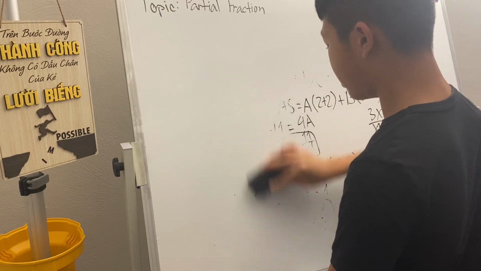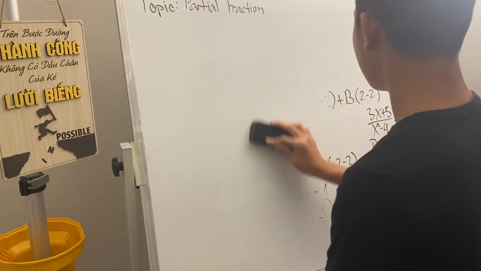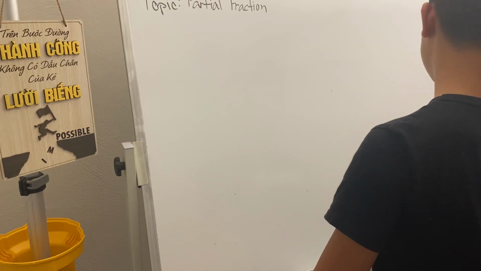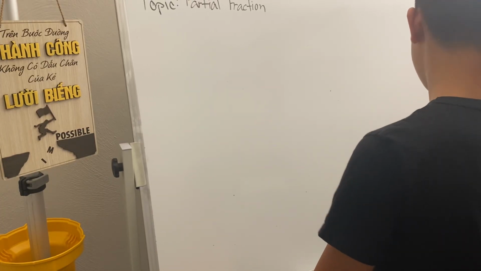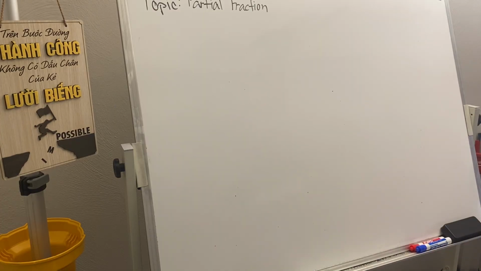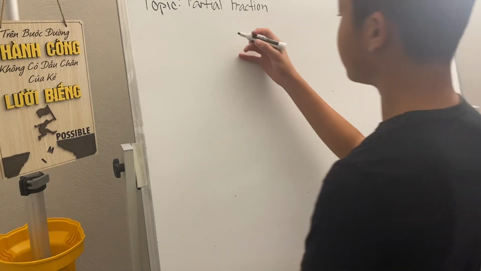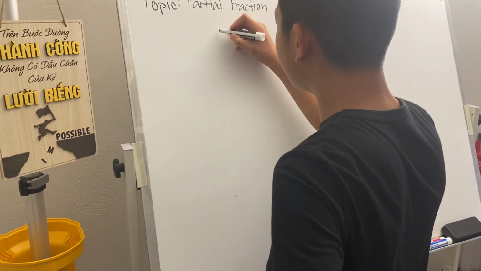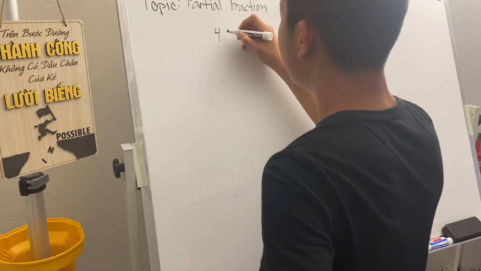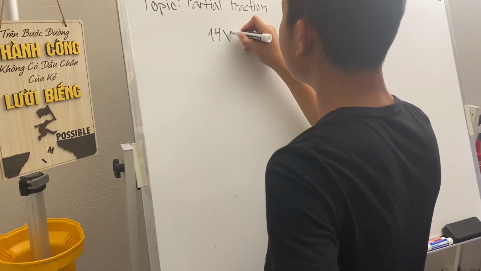So these are just the basics of partial fractions. Maybe I'll put a little bit harder in our next video. But let's get to our second problem. We got (14x - 20) over x² - 9x + 20.